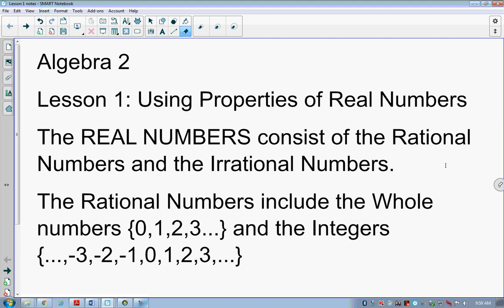Rational numbers include whole numbers like 0, 1, 2, 3, and so on, and integers like -3, -2, -1, 0, 1, 2, and 3. Those are integers, so rational numbers include those.